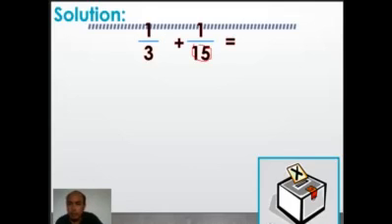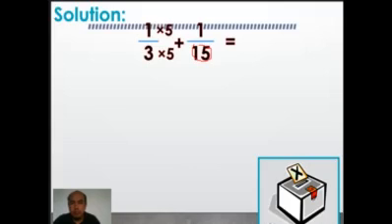We just multiply the numerator and the denominator by the LCD, or the LCM for the whole number. So what would be the multiples? The least common multiple of the two would be 5.